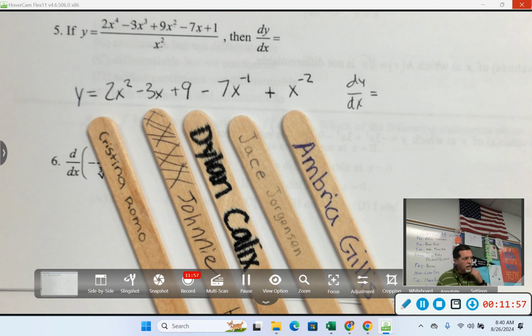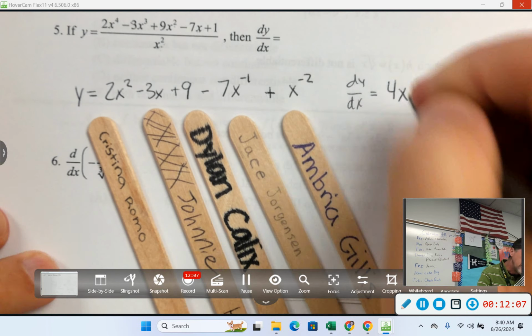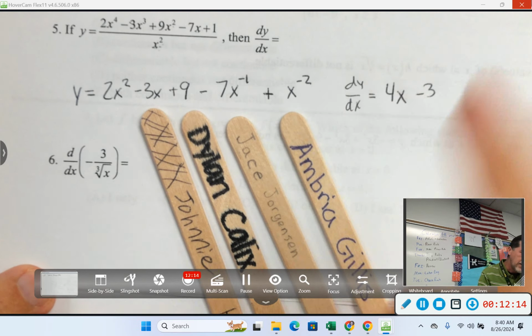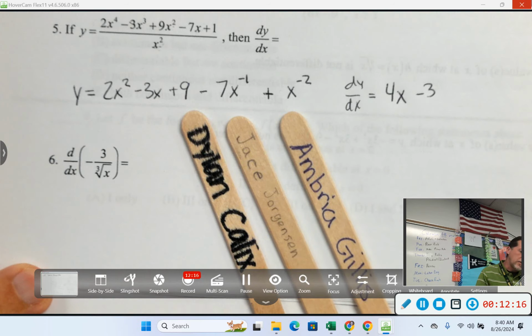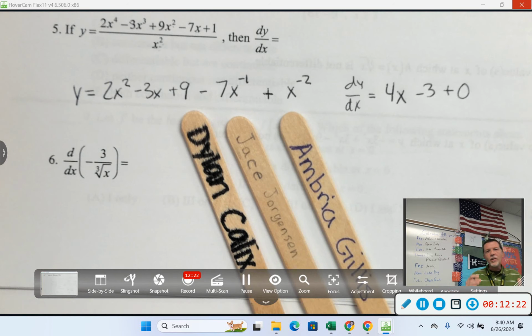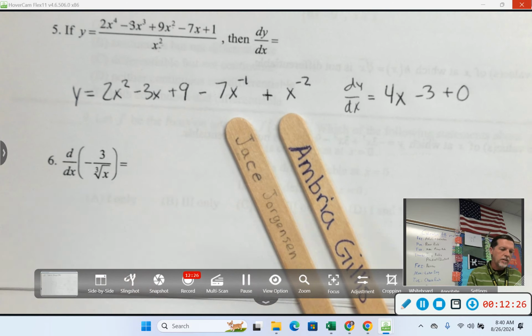So, Christina, what's the derivative of 2x squared? 4x, good. Johnny, how about the derivative of negative 3x? Negative 3. Dylan, how about the derivative of 9? 0. I'm going to put plus 0 to kind of hold the spot and show the pieces.